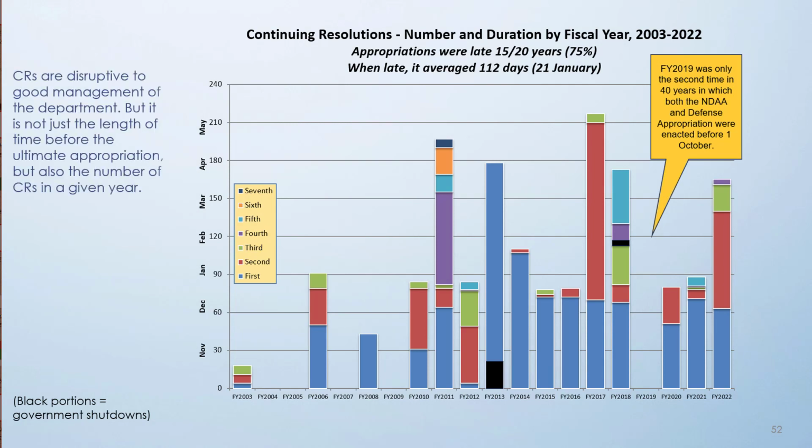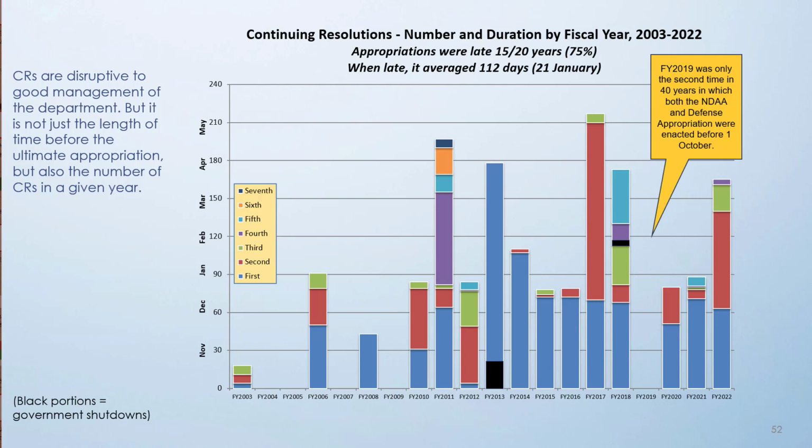This disrupts the ability to plan and manage the defense budget. But it's not just the length of time before we get the ultimate appropriation that's a problem, it's the number of continuing resolutions that impact things.